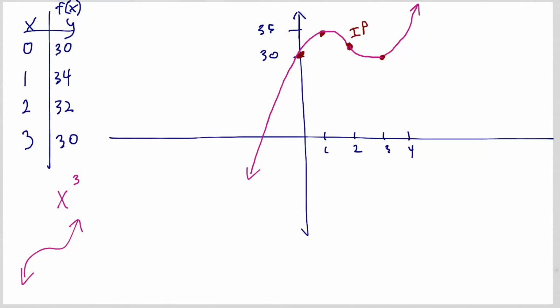This looks to be a local max, but we can verify that either using the first derivative test or the second derivative test. This looks to be a local min. So if indeed the first derivative test told us this was a local max, we would expect positive slope, negative slope.